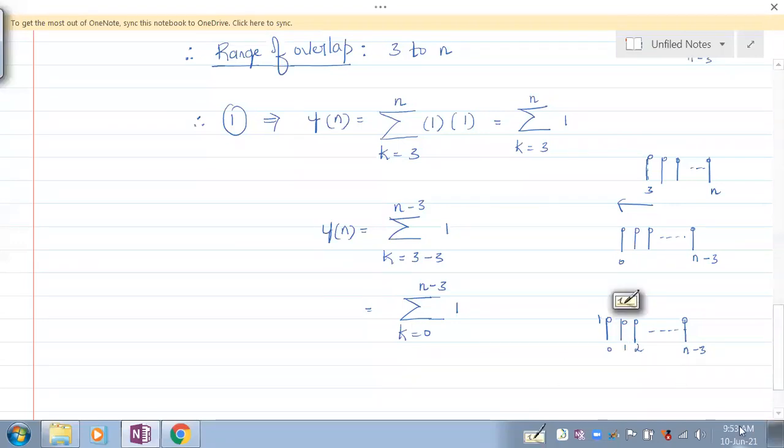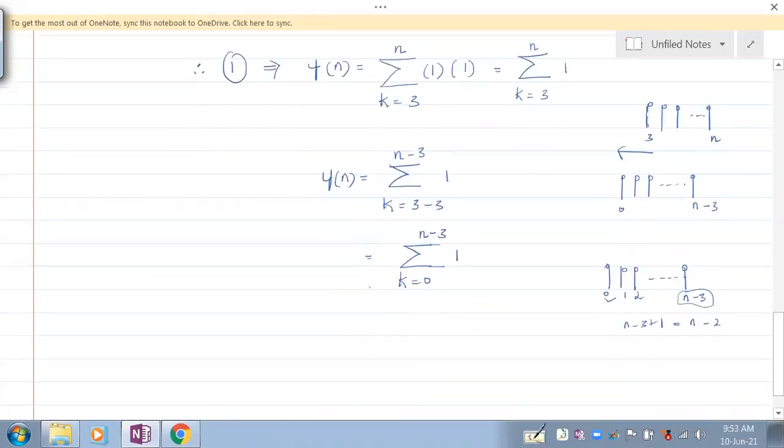If you don't have this 0th sample, then it is n minus 3 samples. But if you have this 0th sample, it is n minus 3 plus 1 number of samples, that is n minus 2, because along with n minus 3 samples, we have the 0th sample also. So it is as good as adding 1 for n minus 2 times. So it is n minus 2.